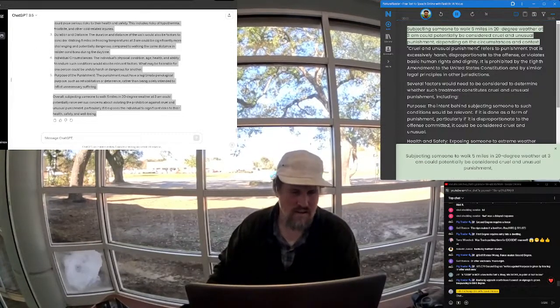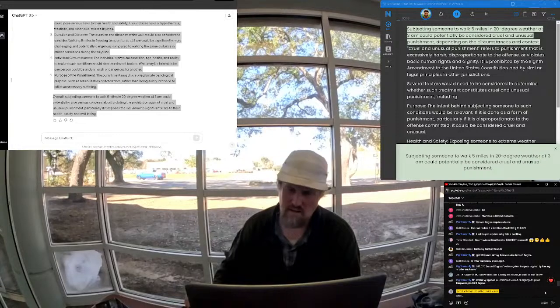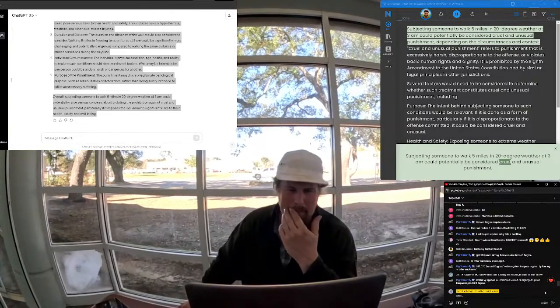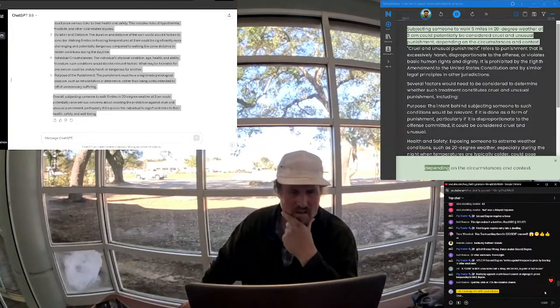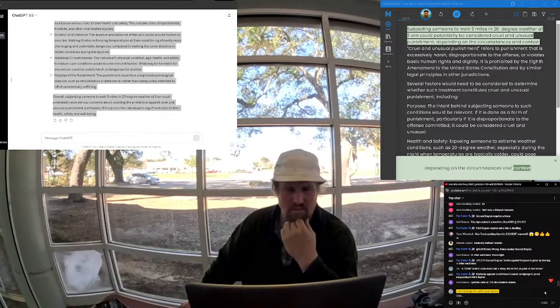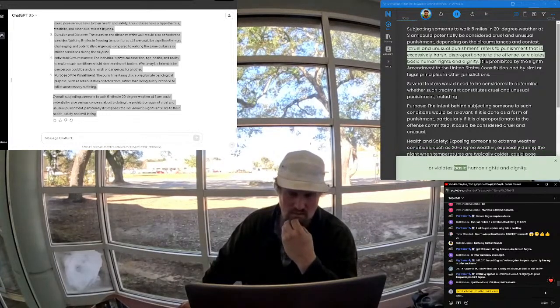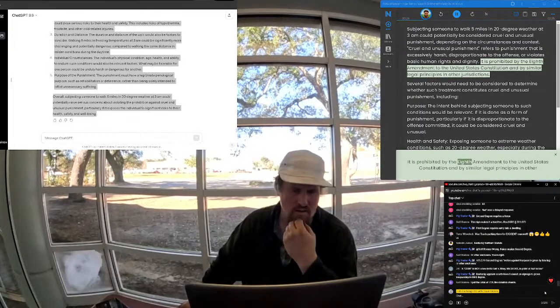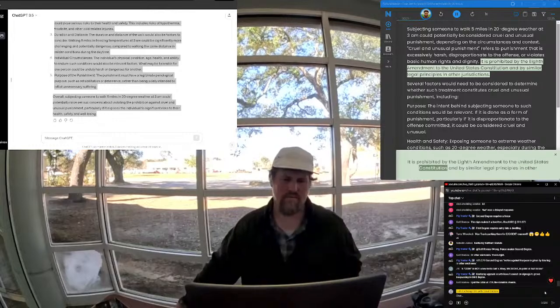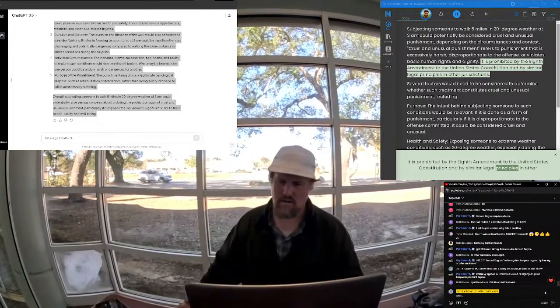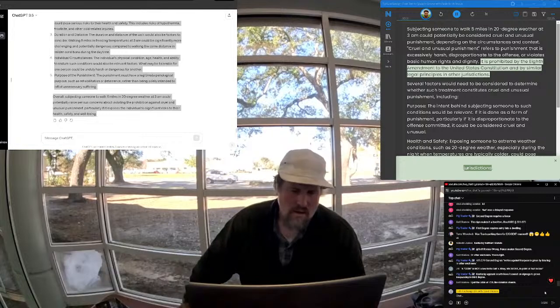Subjecting someone to walk 5 miles in 20-degree weather at 3 a.m. could potentially be considered cruel and unusual punishment, depending on the circumstances and context. Cruel and unusual punishment refers to punishment that is excessively harsh, disproportionate to the offense, or violates basic human rights and dignity. It is prohibited by the Eighth Amendment to the United States Constitution and by similar legal principles in other jurisdictions.